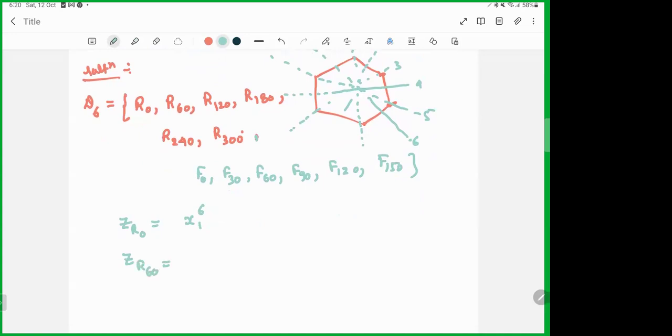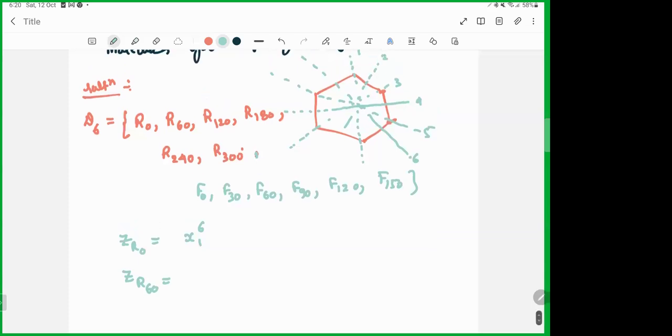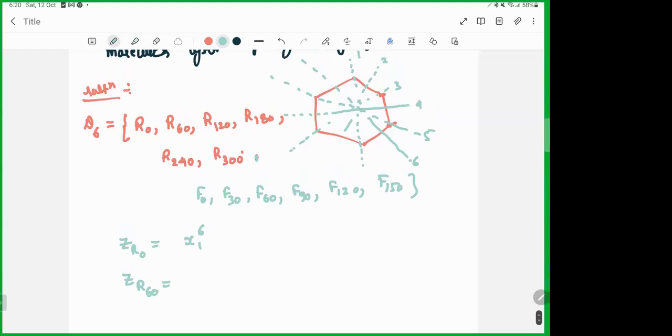What is the cycle index monomial for rotation along 60 degrees? This angle is 60 degrees, so what we have for 60 degrees is three cycles of length 2.